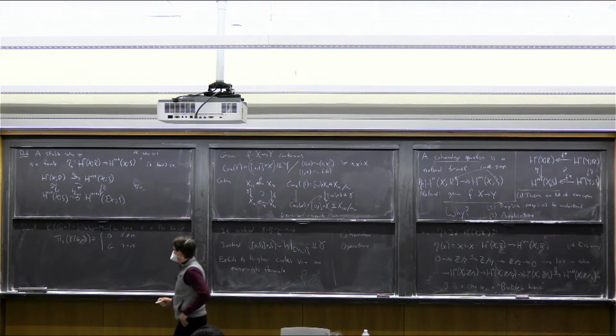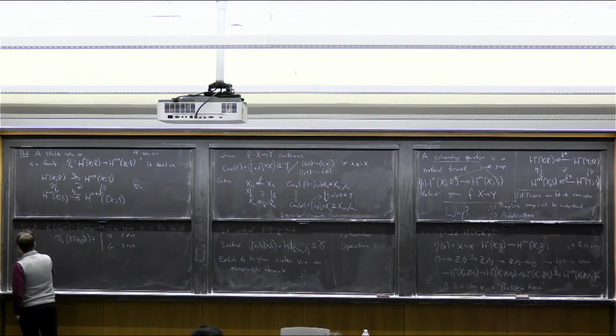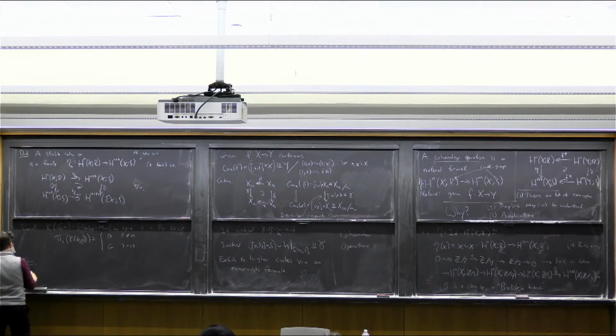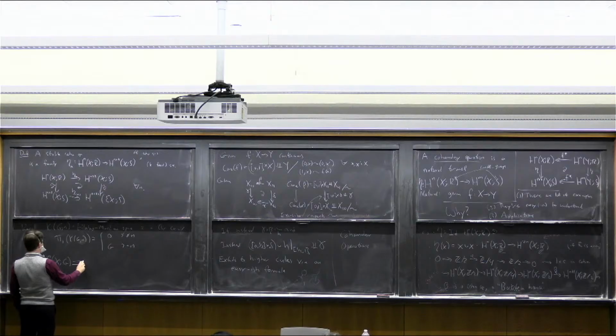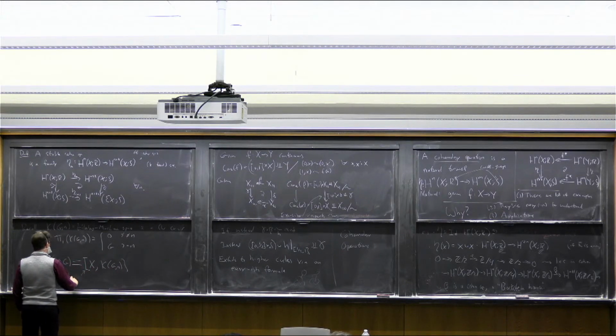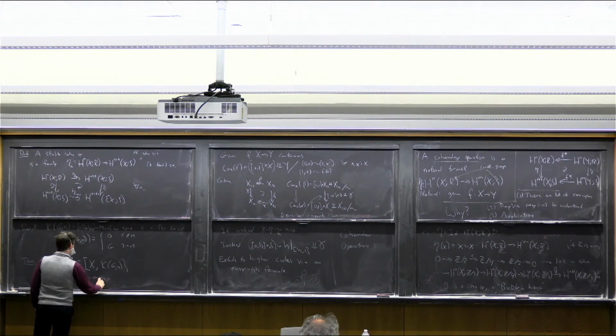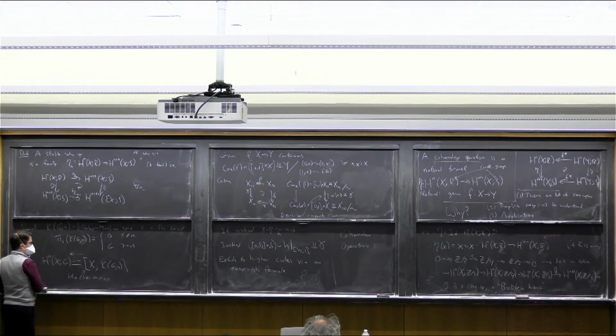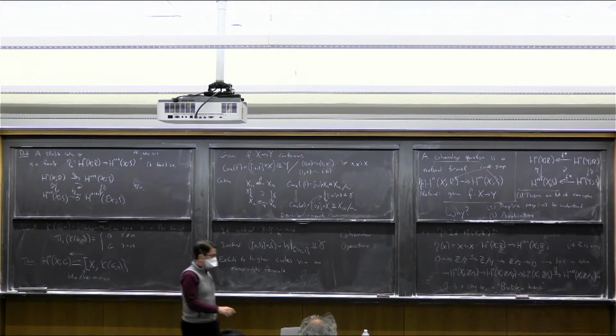And the reason that these are important is a theorem that I don't know the attribution of, that H^n of X with coefficients in G is canonically isomorphic, right, equal to the set of homotopy classes of maps from X to K(G, n). So this is homotopy classes of maps. And I think I want to tell you what the map in that direction is. Let me remind you how that works.